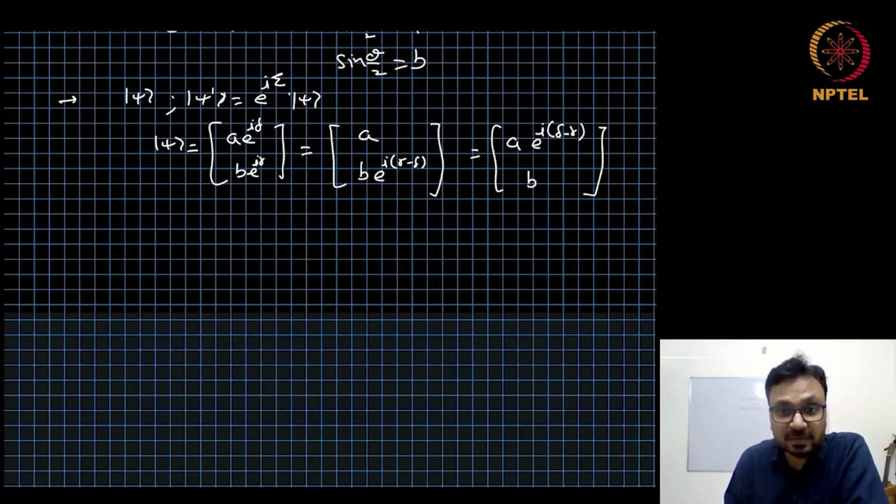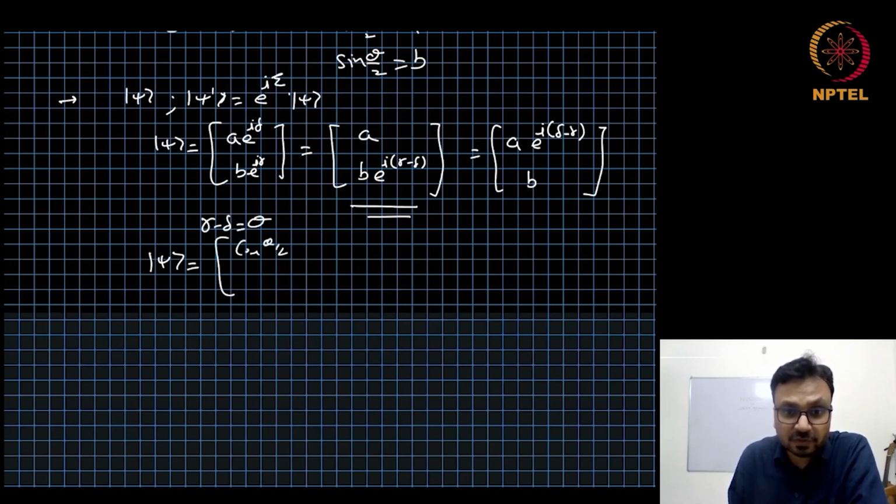In the second one, we have just taken exponential of i delta common and forgotten about it. And in the third one, we have taken exponential of i gamma common and forgotten about it. So we can stick to this notation, because that's again very traditional and convenient, and we call gamma minus delta to be phi, since we have already used theta. So psi becomes cos of theta over 2, sine of theta over 2 exponential of i phi.